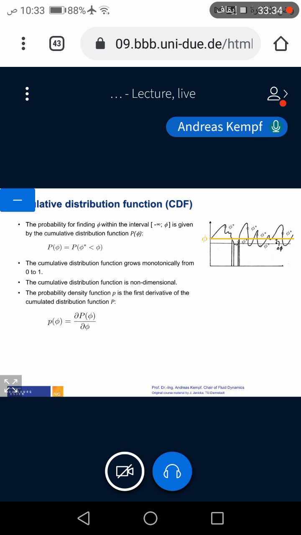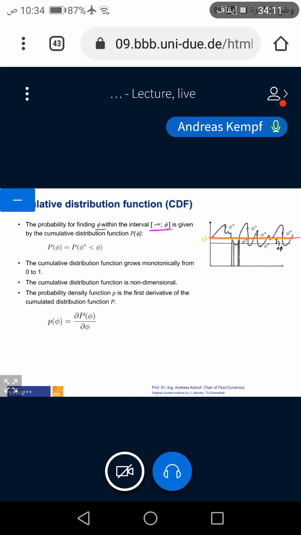Now we have the probability density function, but we can also look at something else, the cumulative distribution function. So this is given the following way. Here again, on the right-hand side, we see our signal, and you see a quantity uppercase phi. We can now ask the question, how big is the probability of finding a phi value that is lower than our critical threshold value? So what is the probability for finding phi between minus infinity and phi, or in other words, under a certain line, below this line?